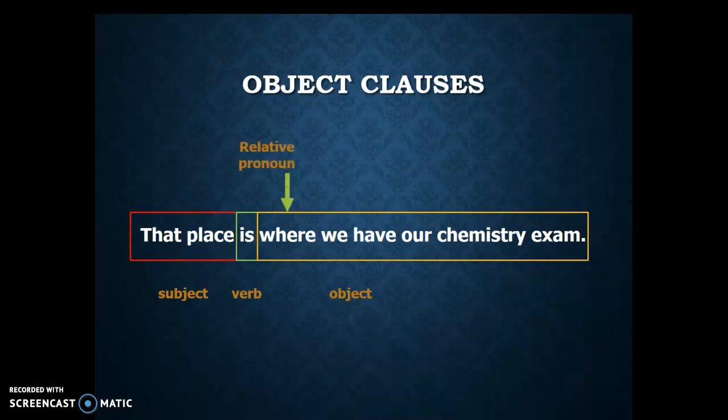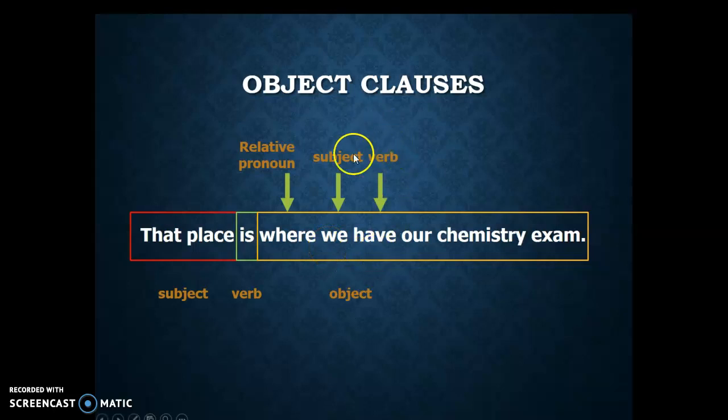Now, let's observe inside the object. Inside the object we have where. This word where is called a relative pronoun and is going to join the main clause with the object clause. After that, we also have another subject inside the object, in this case, we.